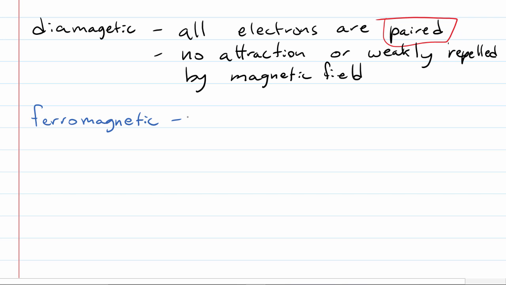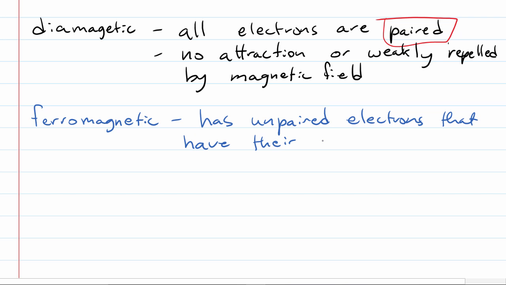Here's what ferromagnetic is. A ferromagnetic substance is one that has unpaired electrons that have their spin aligned. I don't know enough about magnetism to get into the great details of how we make permanent magnets, but obviously it gets its name because ferro is from iron.